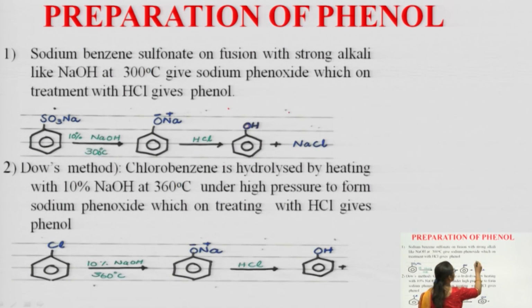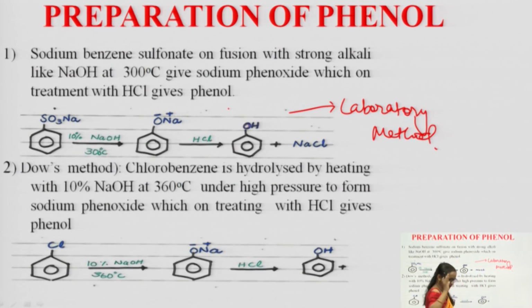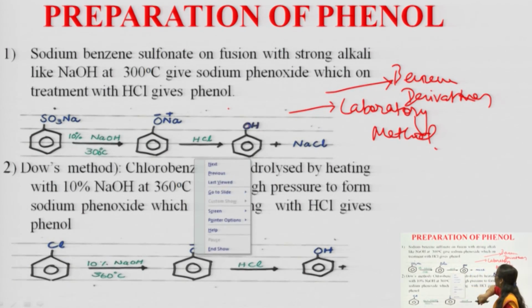In almost all the syntheses, one point should be in your mind: every reaction of synthesis of phenols starts from benzene derivatives, right? That supports the point that phenol has a benzene ring in its structure.